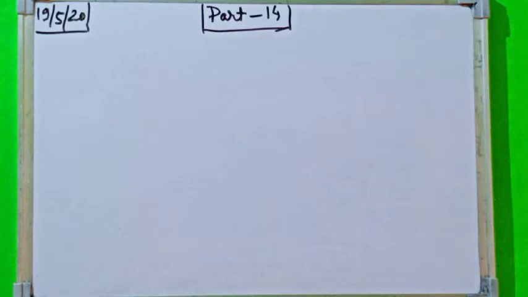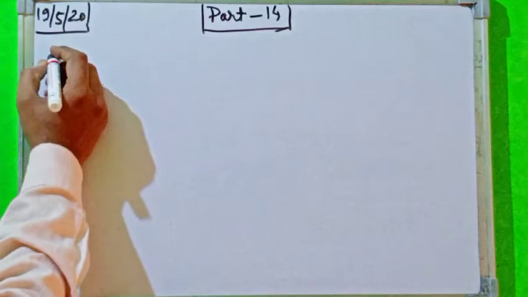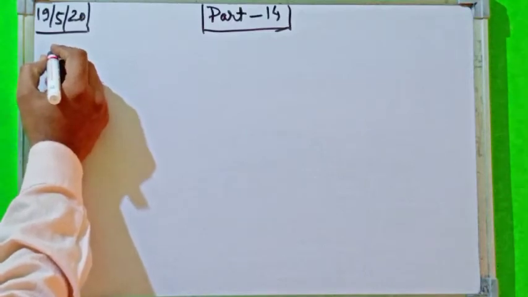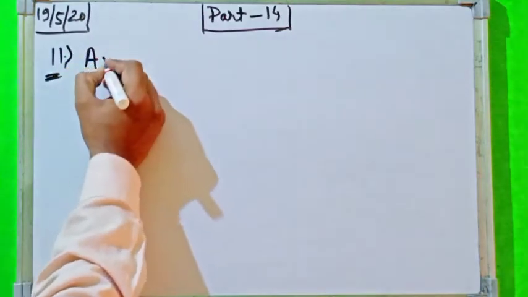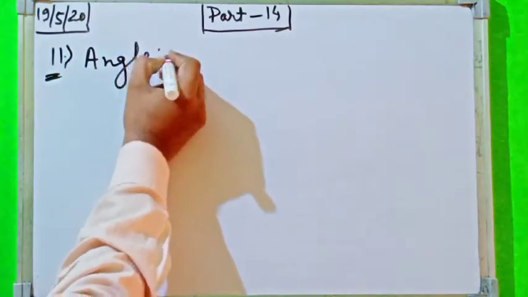In continuation with the same video, today we are going to discuss some more physical quantities as well as their dimensional formula. In the previous video we had discussed impulse, the dimensional formula for impulse. Now today, angle.